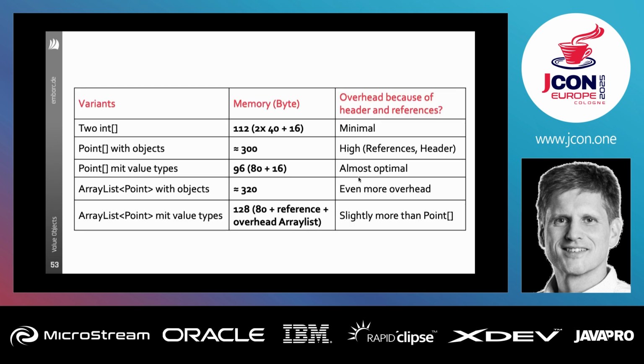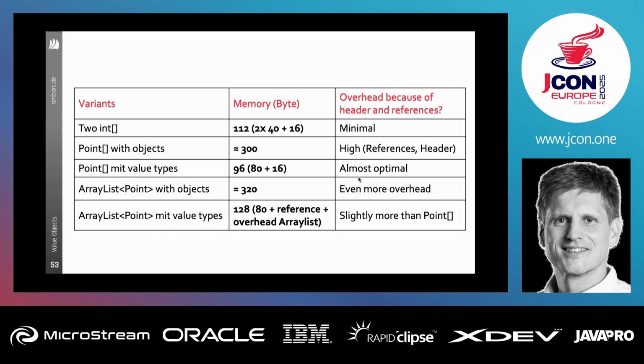Let's come back to our example, and I asked ChatGPT. The first two lines we already saw. The third line is the same example with value types: one Point array, and Point is a value type. There we have about 96 bytes. It's a bit less than the two int arrays, because we only have one array, so less overhead.